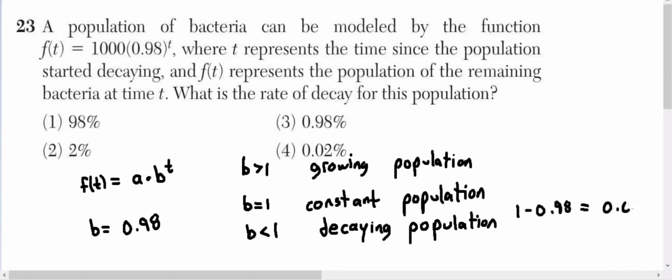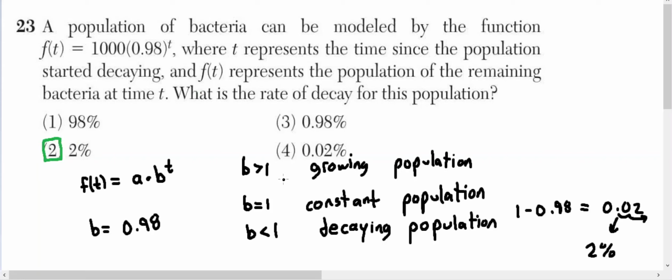Well, that's just 0.02. So as a percent, we shift the decimal point 2 places over, 2%. So that's why we can choose for number 23, choice number 2.